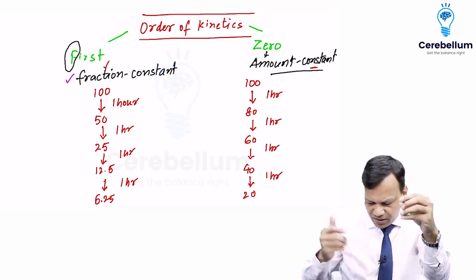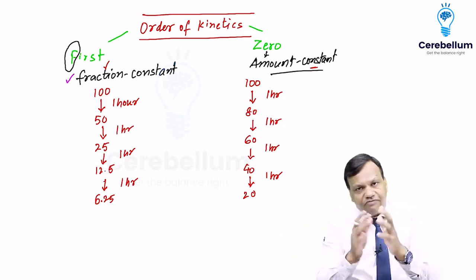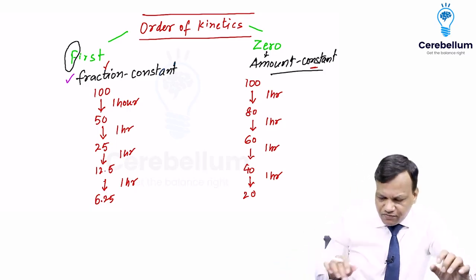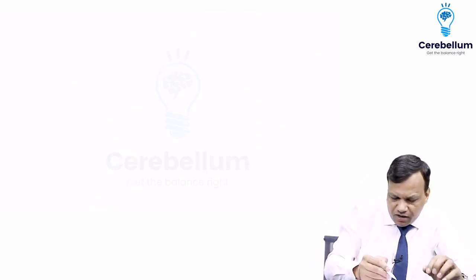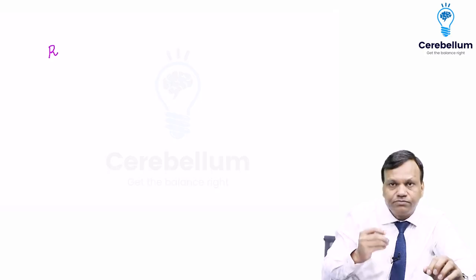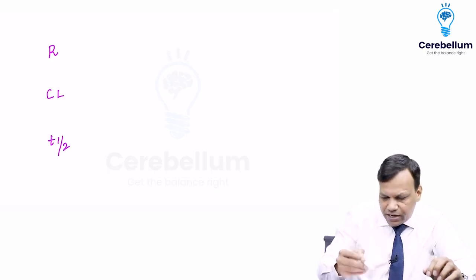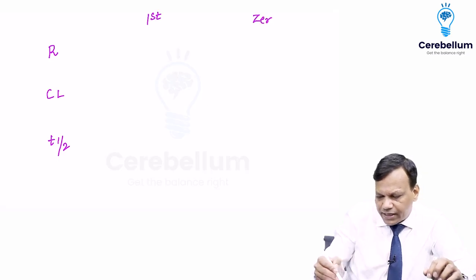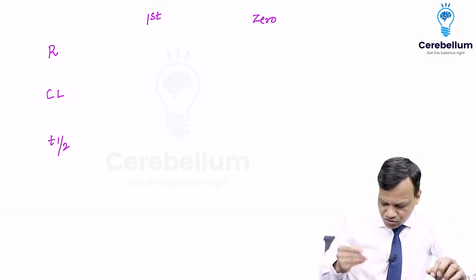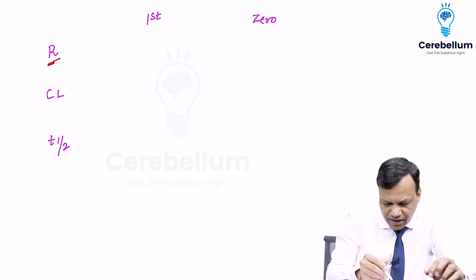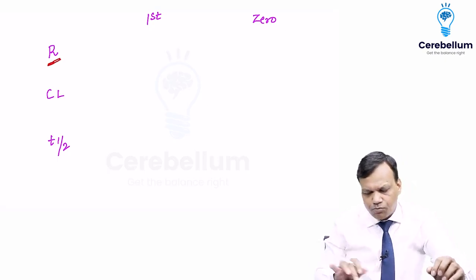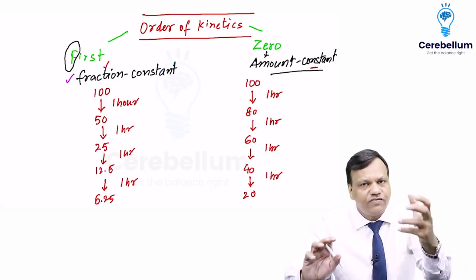Okay. Now we will try to understand the difference between these based on the three formulas we just discussed. One formula is rate of elimination, second is clearance, and third is half-life. We'll try to see what is the difference in first order and zero order kinetics. Starting with the first thing, rate of elimination: what is rate of elimination?